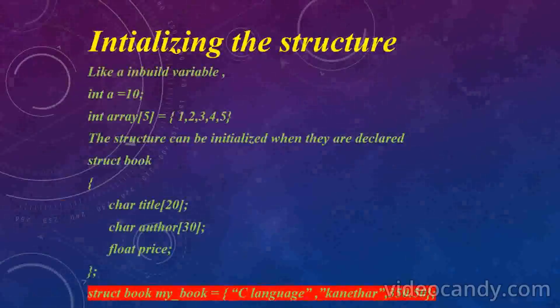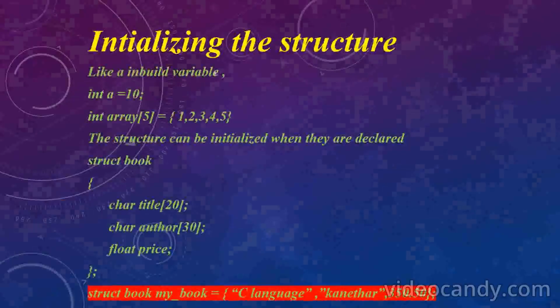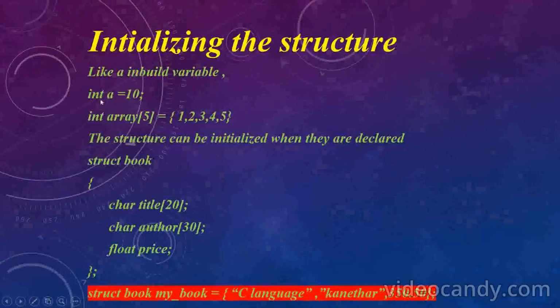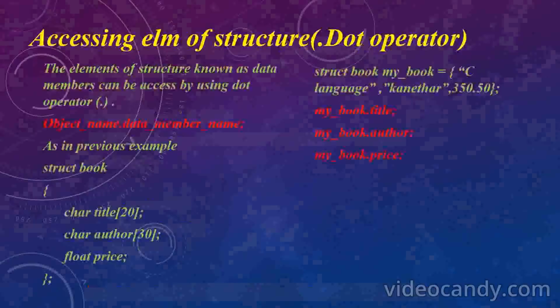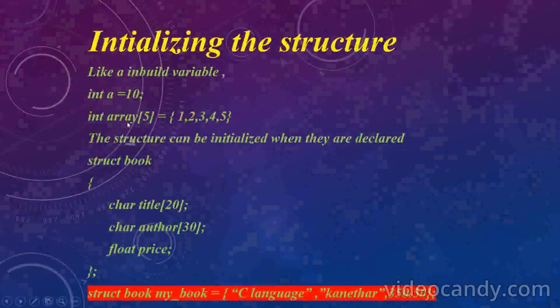Now the next question is how we will initialize a structure. Just like inbuilt variables, if we want to initialize an integer, we write int a = 10. It means a is a variable of type integer and it will store the value 10. Similarly for an array, we write int array[5].